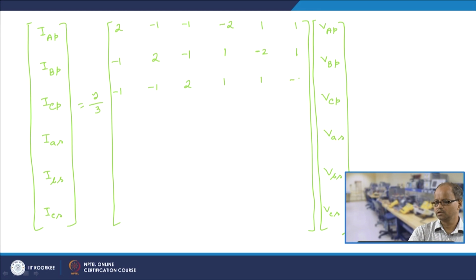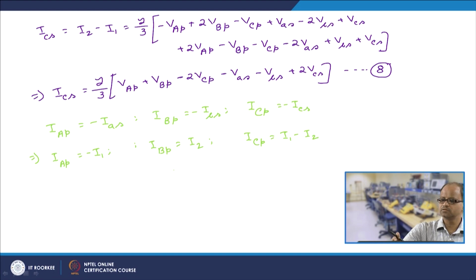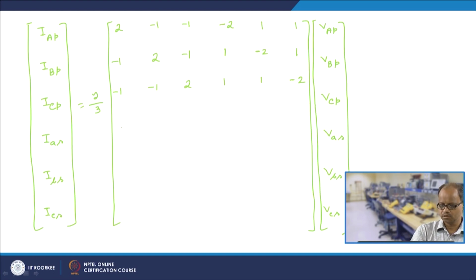And IAS is nothing but just its opposite, so it is minus 2 1 1, 2 minus 1 minus 1. IBS is the opposite of IBP, so 1 minus 2 1, minus 1 2 minus 1, and ICS is also just the opposite, 1 1 minus 2, minus 1 minus 1.